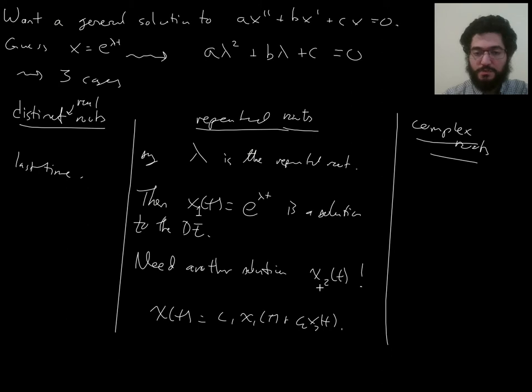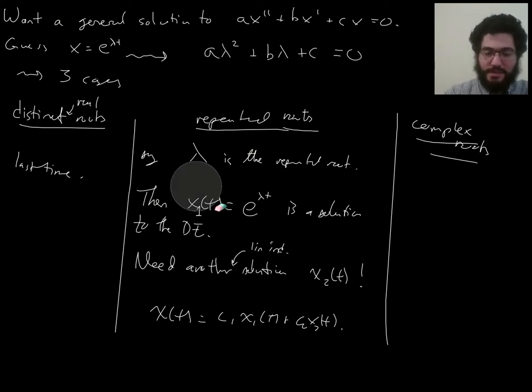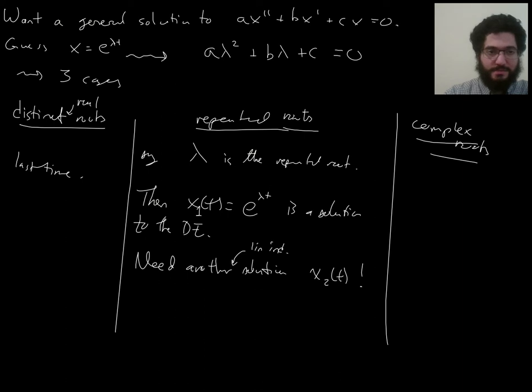But x sub 2 cannot just repeat this one, as suggested by the fact that lambda is a repeated root. It would be a bad idea to say x2 is just this one again, because that would not be linearly independent. So we need another linearly independent solution, x sub 2. Some more work is needed.